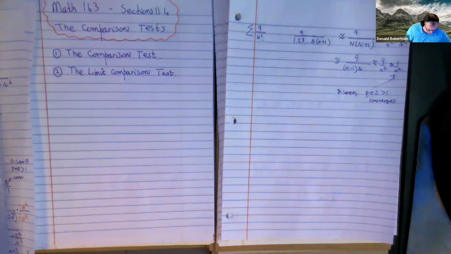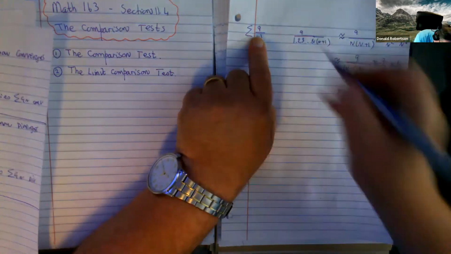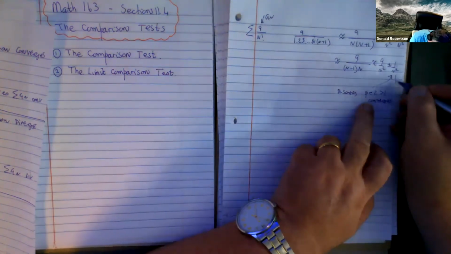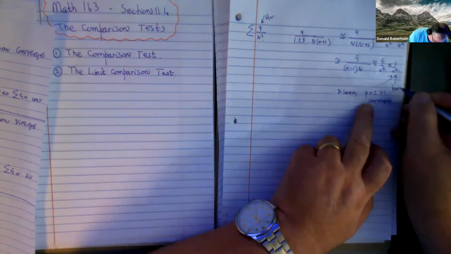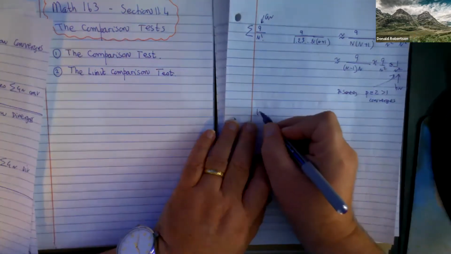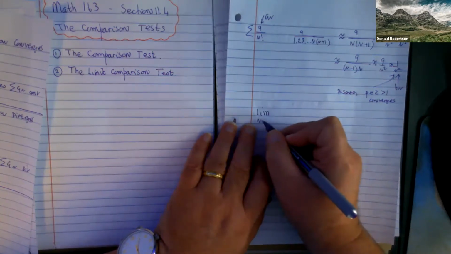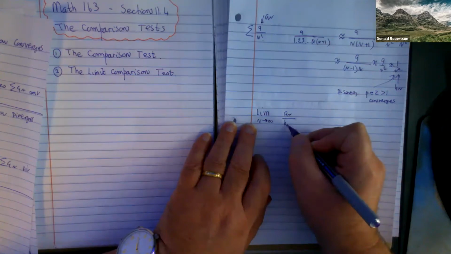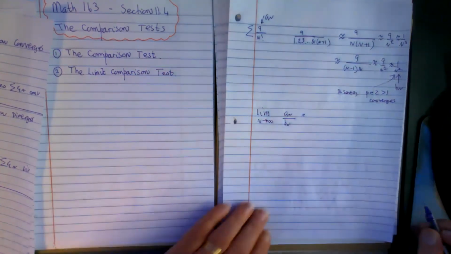So I just need to take this guy, who's the original, and this guy, who is the comparison, and find out what their limit as n tends to infinity is. Where'd the n minus 1 come from?